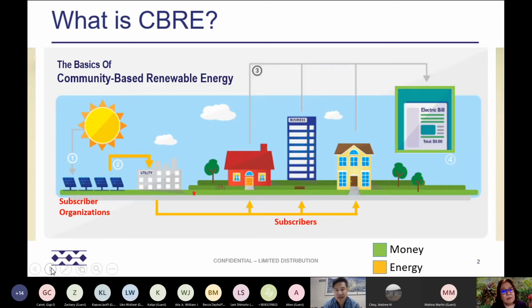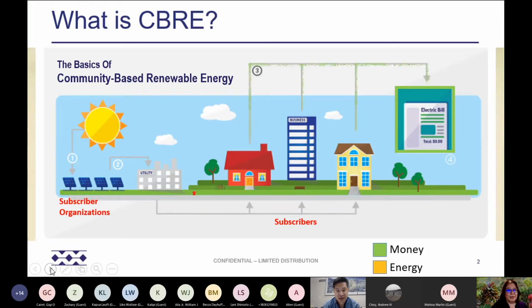We sign up these subscriber organizations, and we have an online portal that allows them to tell us how much of their electricity goes to their subscribers. Hawaiian Electric then provides a bill credit, calculated from your portion of your subscription. Julie, if you could progress to the next slide.